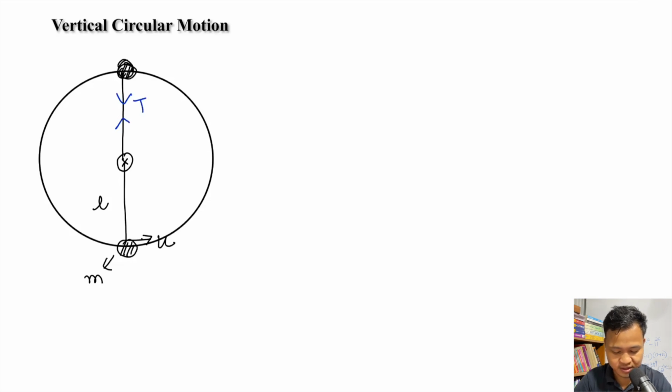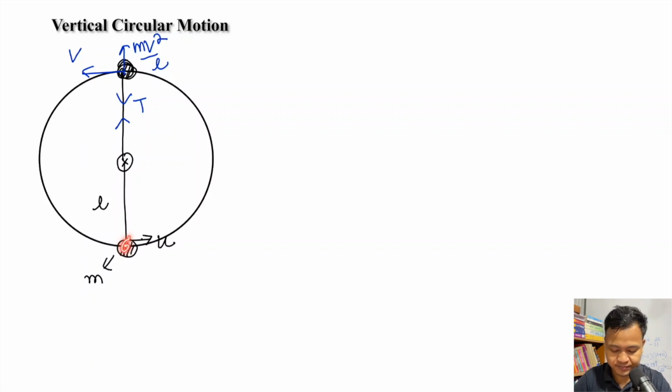As the object performs circular motion, you will have mv square by r outwards. Here the radius is l, so outwards you will have mv square divided by l if the speed of this object at the topmost point is v.